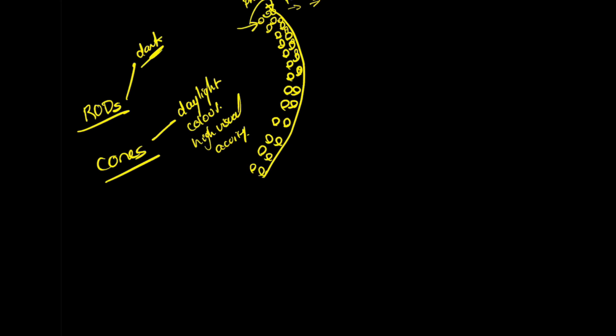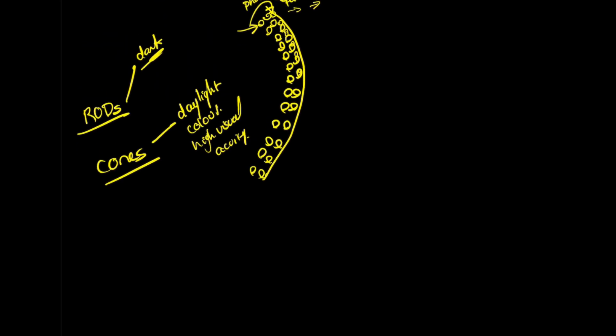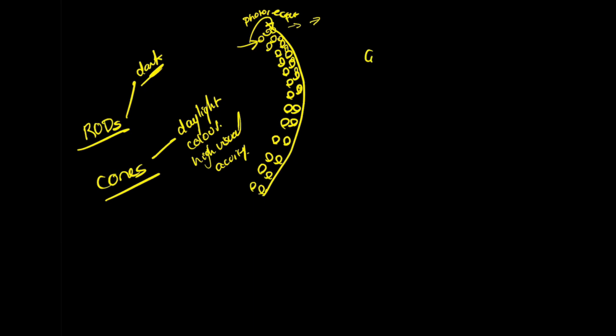A couple of buzzwords that are really important to remember is that all vision is G protein linked. I'm not going to go too much into what a G protein is, but it's important to understand that the way this message is sent from the outside into the brain and to other parts, and from the receptors through to the other neurons, happens via a cascade of enzymes and proteins.